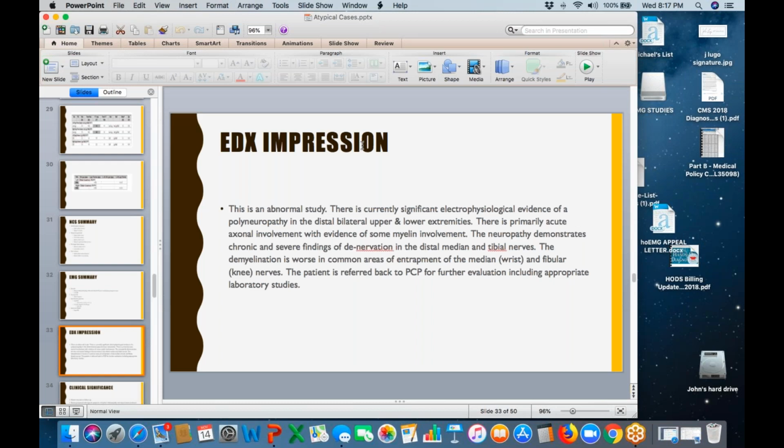That's where I commented on differentiating between overall demyelinating and demyelinating at certain locations. A typical polyneuropathy would have diffuse, symmetrical demyelination, whereas this person's demyelination was localized to specific areas. So I wanted to classify it as not being diffuse, but particularly localized.